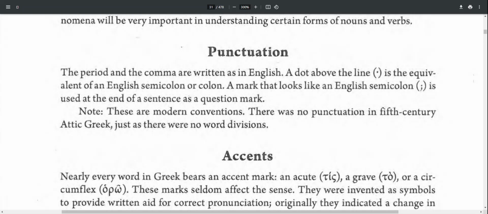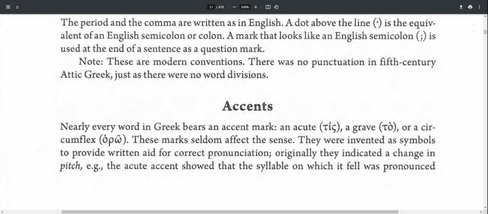It's used like a question mark, at the end of questions. These are modern conventions. They were not used in classical times, but they are used in modern editions.